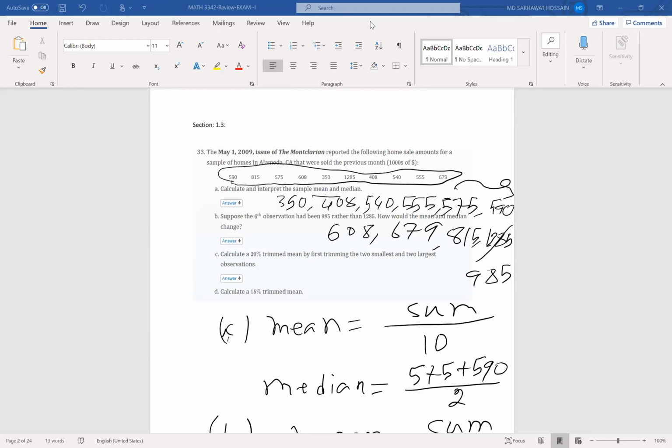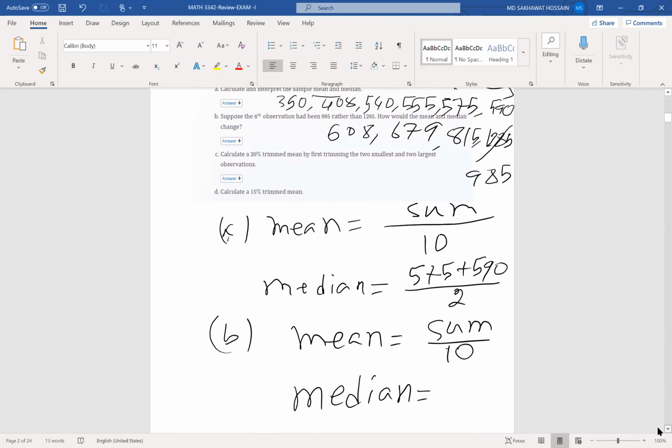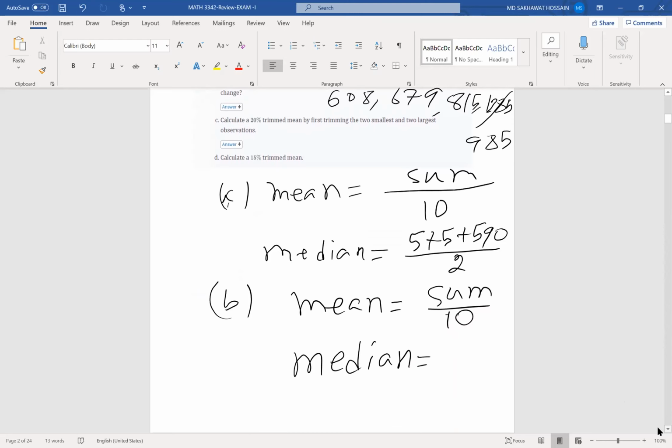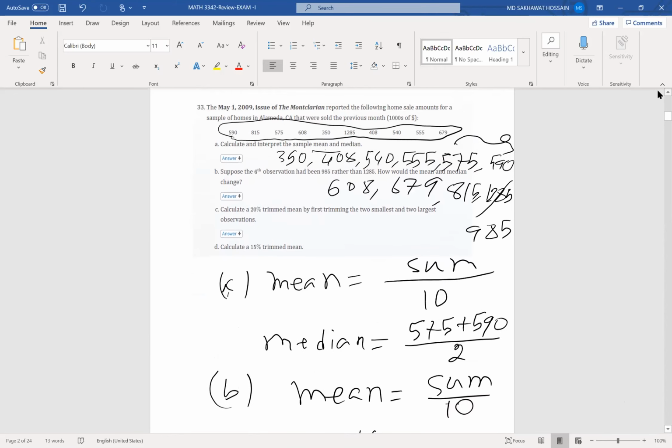Yeah, it will be different, right? Because it was 1285, now it is 985. So now we have a smaller number, so the mean will be smaller. But the median will not change, because the two middle values are the same. We just changed this number, so it didn't affect the position of these two numbers.